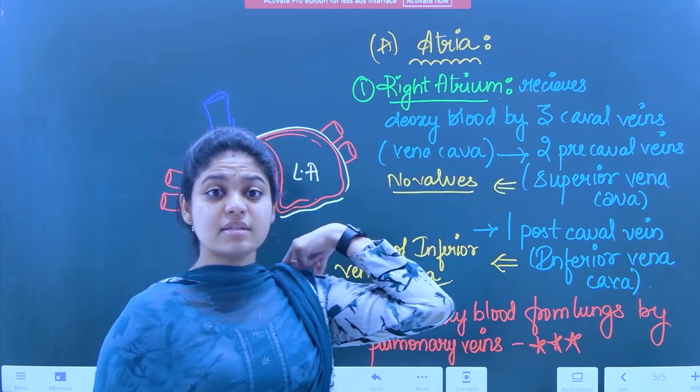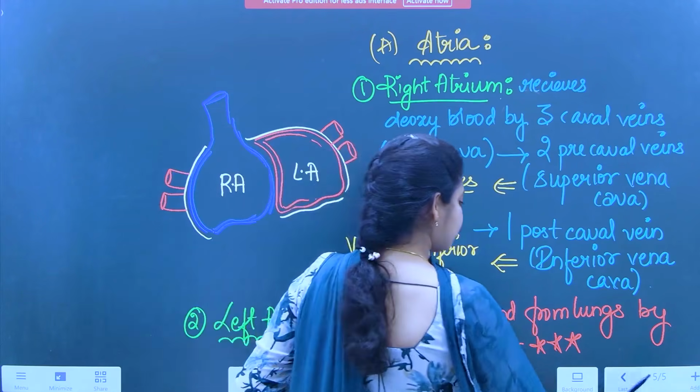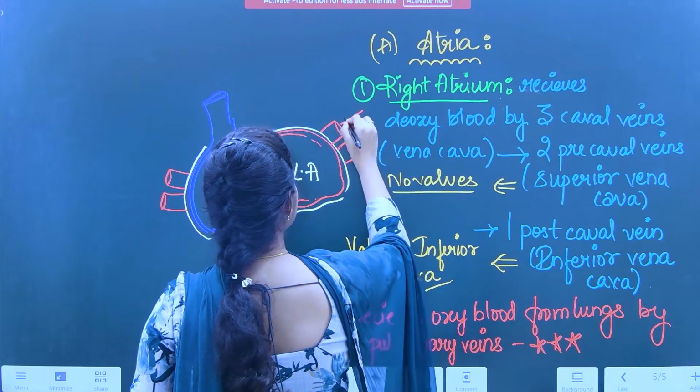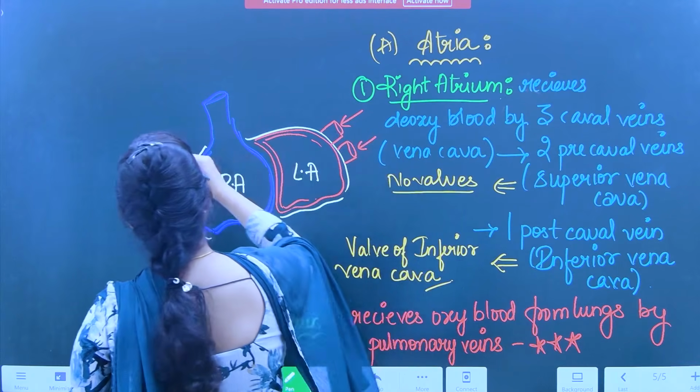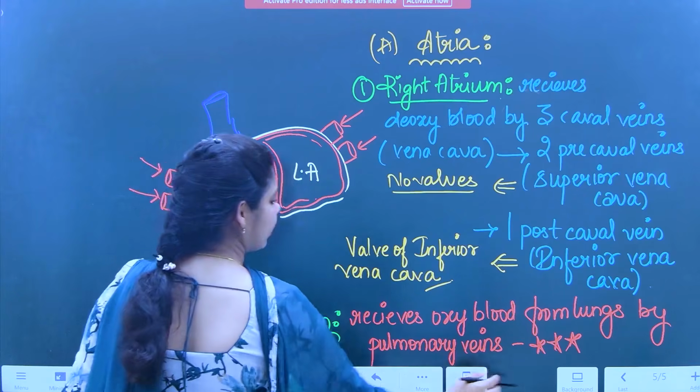Understood? It is receiving oxygenated blood. That's why it is red in color. By which veins? Can you see this? Pulmonary veins. These will be carrying the blood to the left atrium.